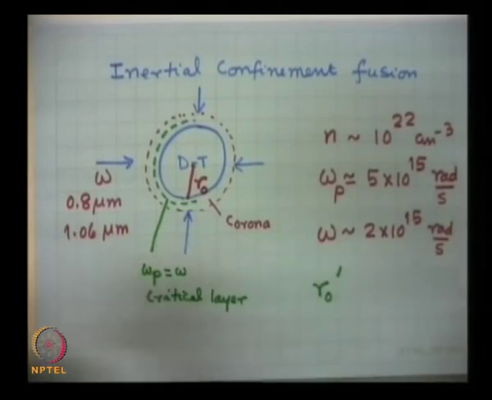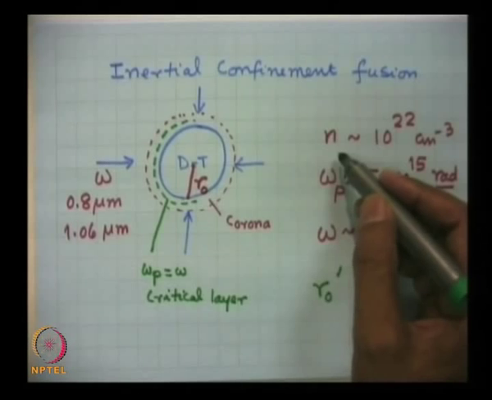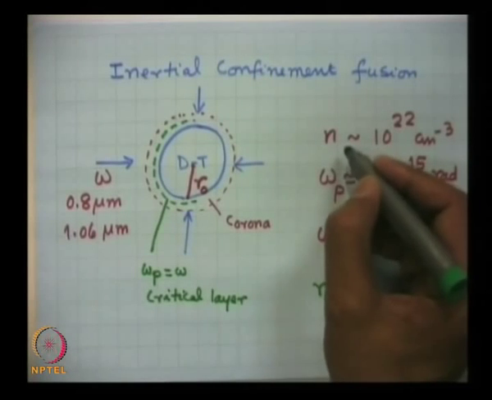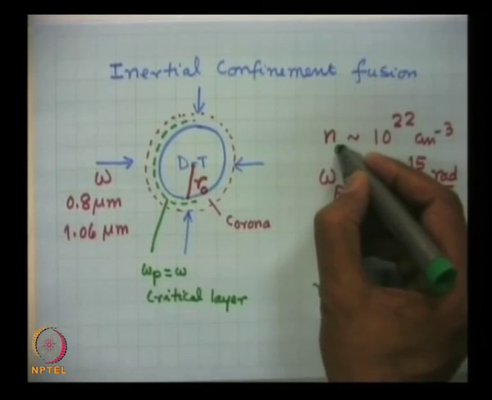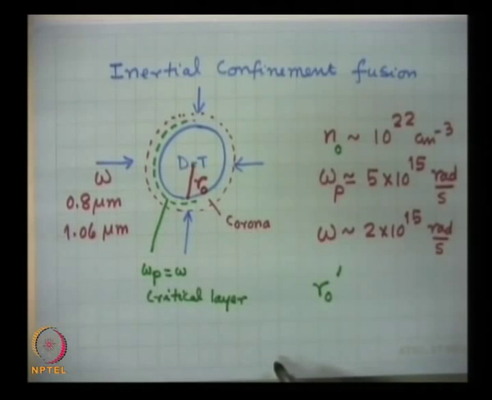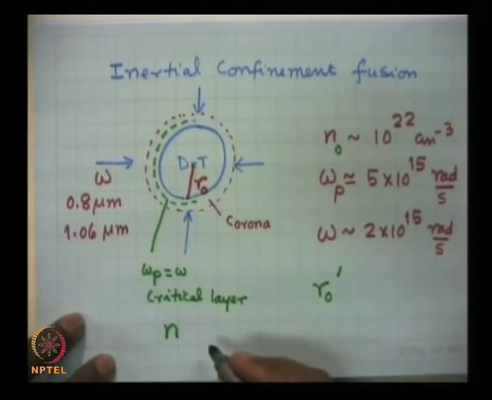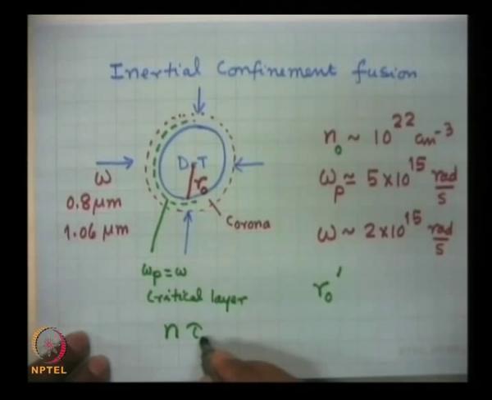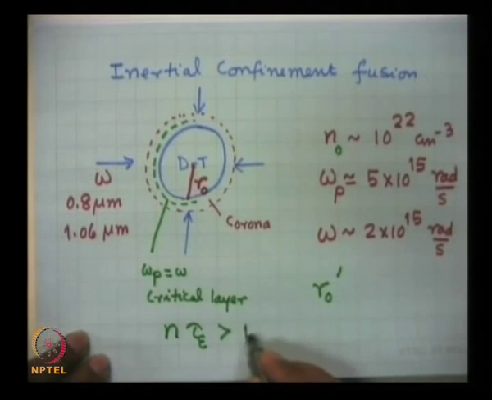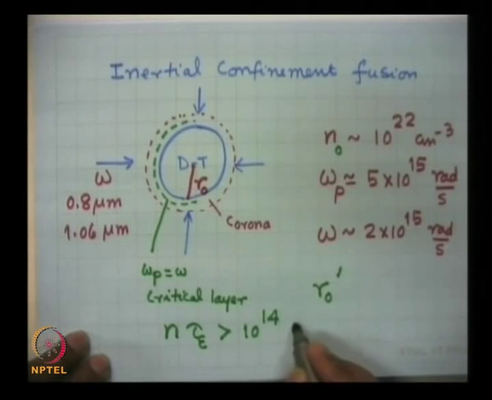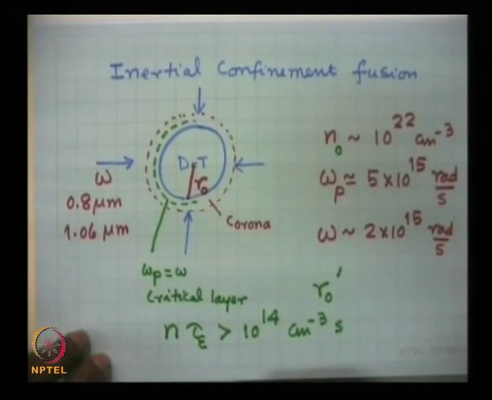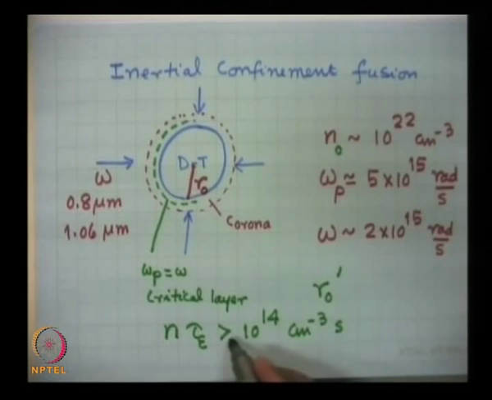When you compress the core, the density which was initially so much will increase. Let me denote the initial density by the symbol N0. The new density I will call N. So, the modified density and the confinement time of the compressed core should exceed 10 to the power 14 per centimeter cube into second to achieve the Lawson criterion.